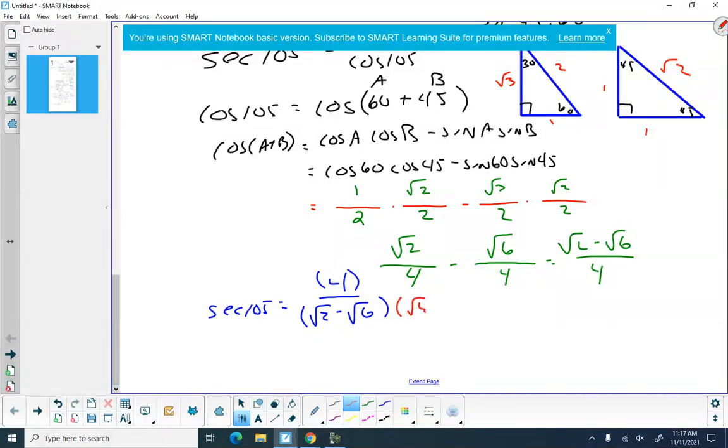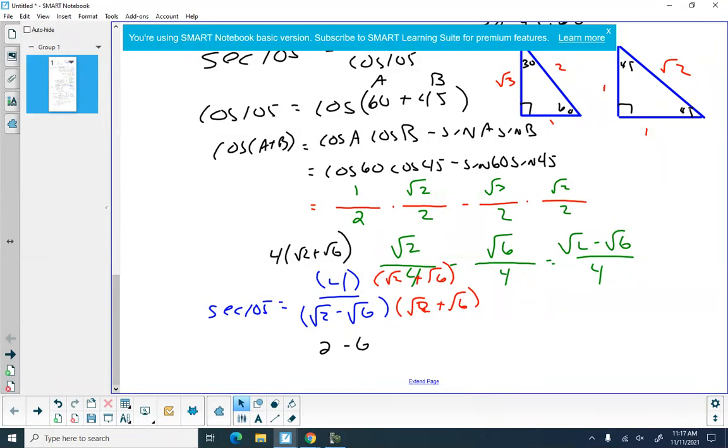Radical 2 plus radical 6 on top and bottom. This is called the conjugate. It's just a difference of perfect squares. So on the bottom, you're going to be left with 2 minus 6. On the top, you're left with 4 times square root of 2 plus square root of 6. And the 2 minus 6 gives us negative 4, and you can cancel with the top then, leaving a negative there.